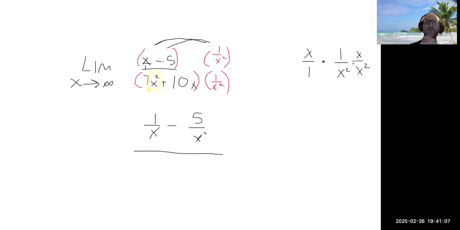Exactly. So that's going to simplify to be 1 over x because it's bottom heavy, right? The denominator has the higher degree. I see. Okay. Now I see where you got it from. All right. And then we're going to take this 1 over x squared and distribute it to each of these as well.